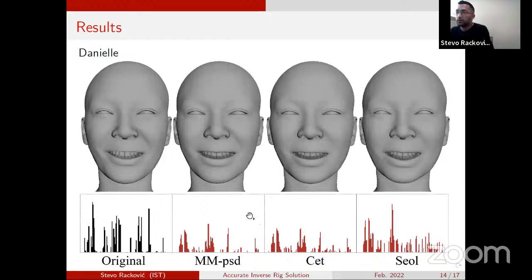And here again, we only consider the four approaches that I mentioned. We see that they are all a bit different from the original, but still our model is better at depicting this corner of the mouth than the others. And also we can see that Cell is opening the mouth slightly too much.